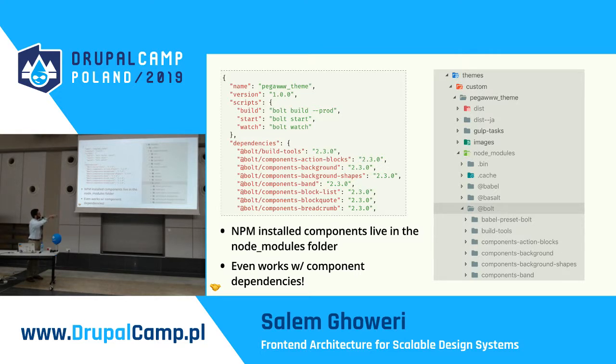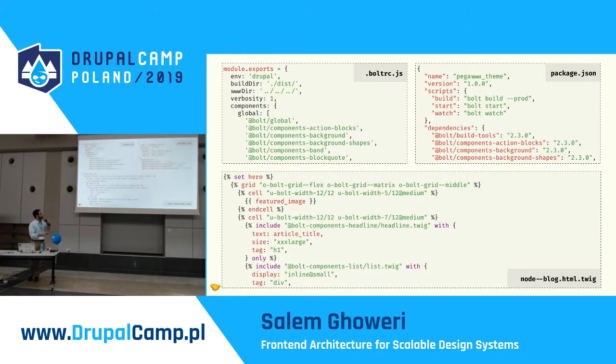So, just really quick to wrap this up, we have our package.json file with the files that we want to install. These go into our node modules folder. And it actually works with dependencies too. Button requires the icon. If you only install the button here, if you didn't already install icon, it'll pull it in and wire it up automatically. And then we list off in our Bolt RC config, these are the components that we want to use and turn on.